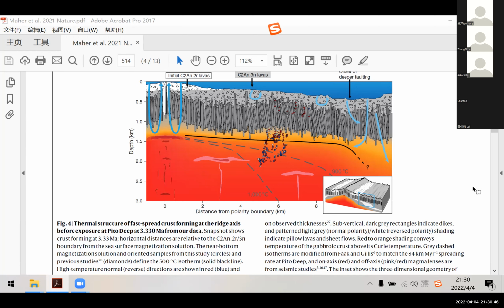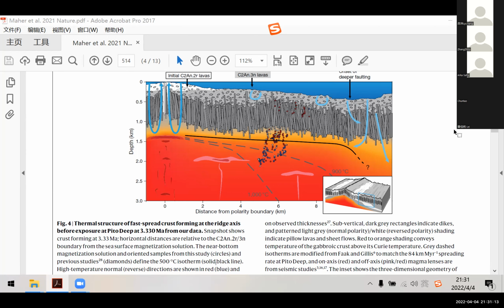However, if I change the wording of the question: does this work make any contribution to help us understand or shape our understanding of how the crust forms to what it looks like today? Then I think that they make some contribution.